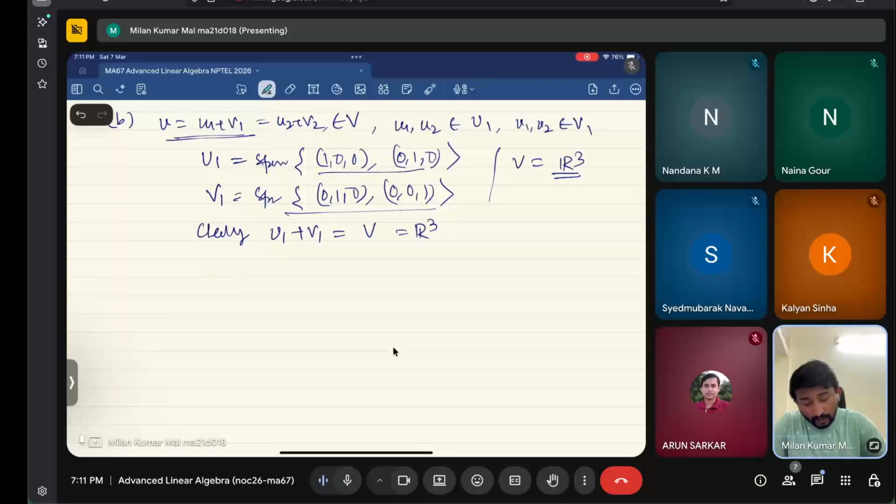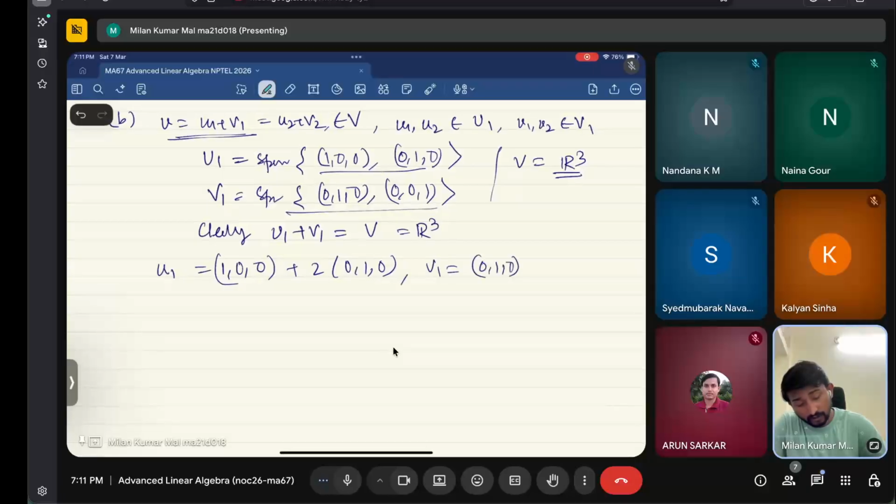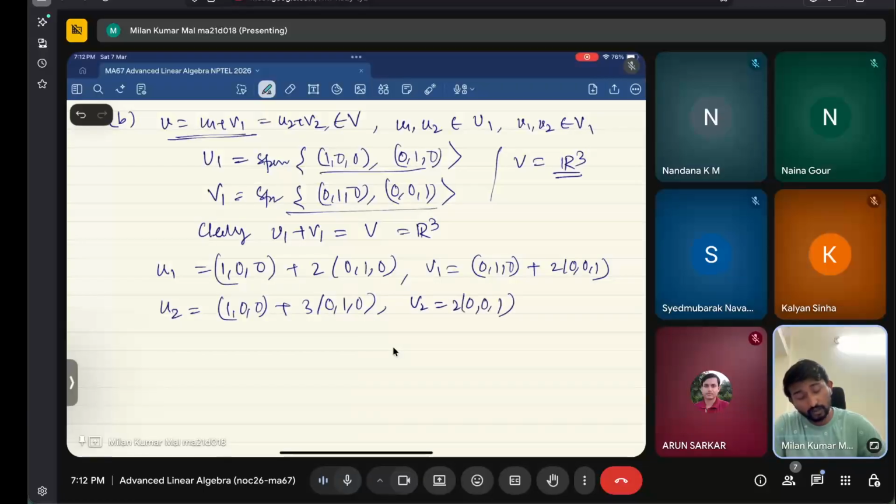U1 I have to write as a scalar multiple. So let's write this one as (1,0,0) plus 2 times (0,1,0). This is small u1, and v1 is just (0,1,0) plus 2 times (0,0,1). And u2 is equal to (1,0,0) plus 3 times (0,1,0), and v2 is equal to 2 times (0,0,1).